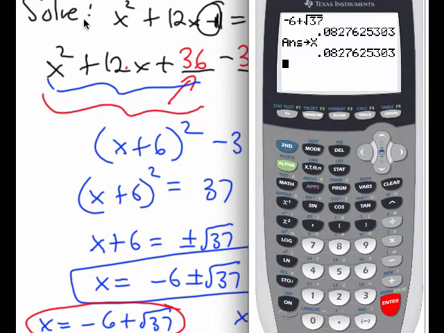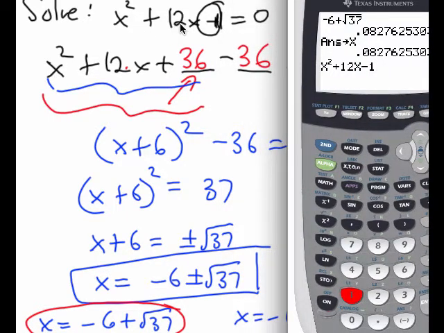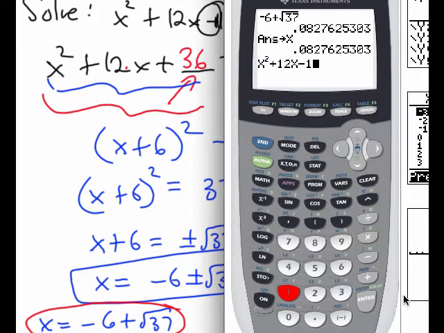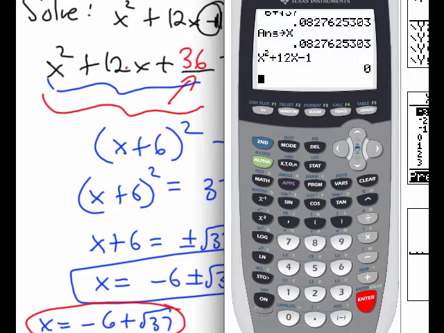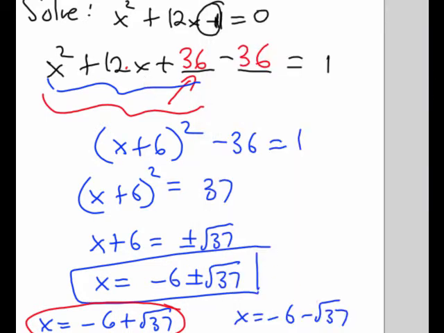Okay, so I can now type in x squared plus 12x minus 1, and that's supposed to be the value of x, one of them anyway, that gives me a value of 0 when I press enter. It does, so I know that's the correct solution. And similarly, the other solution would work as well.